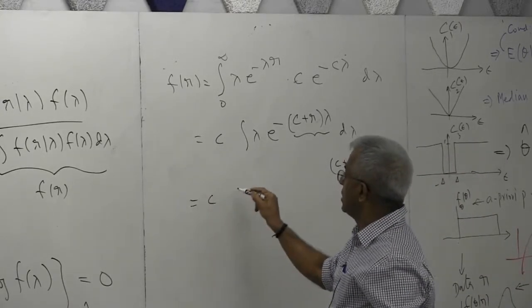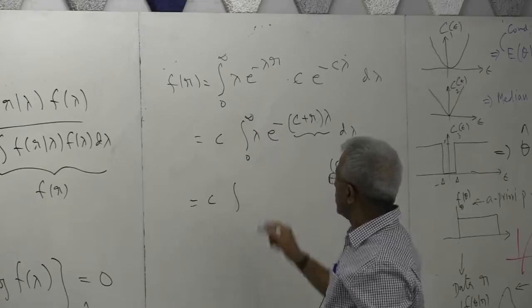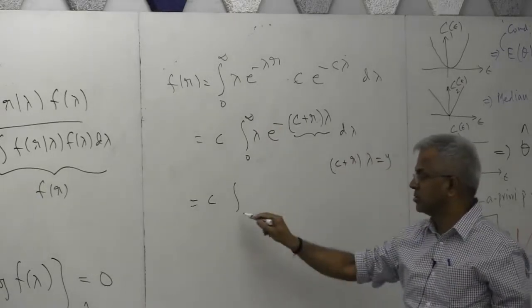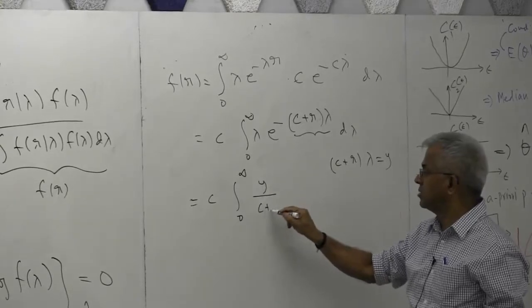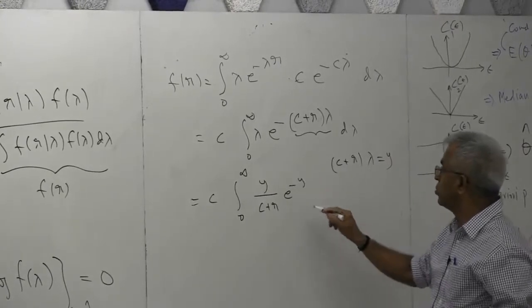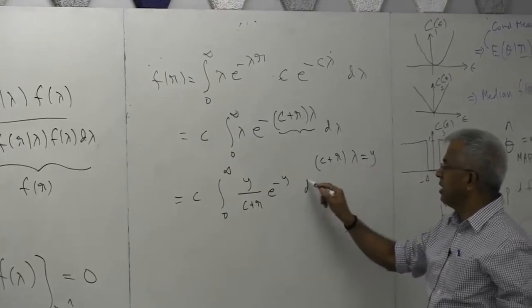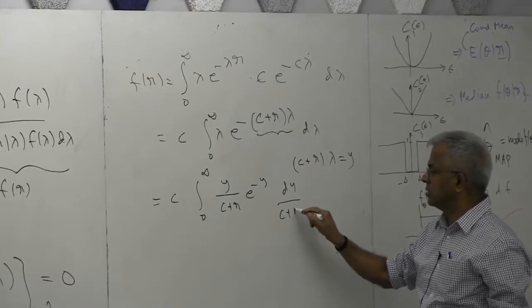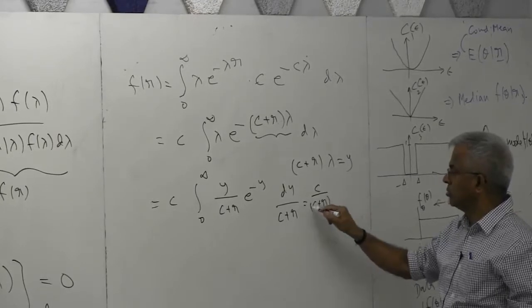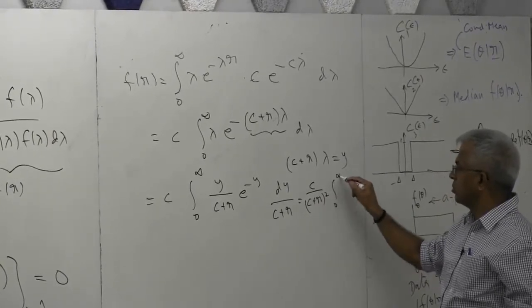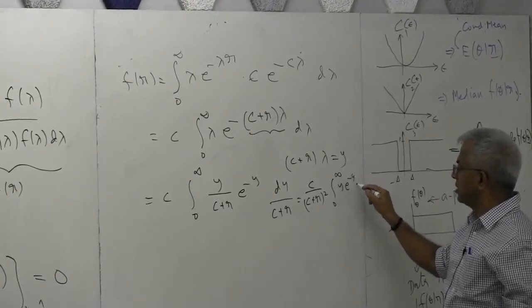So this is c integral 0 to infinity, same limits. Lambda is y over c plus r, e raised to minus y. D lambda is dy over c plus r. So you get c over c plus r the whole squared, integral 0 to infinity y e raised to minus y dy.